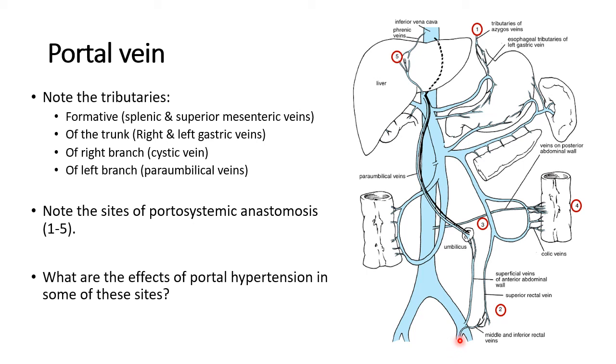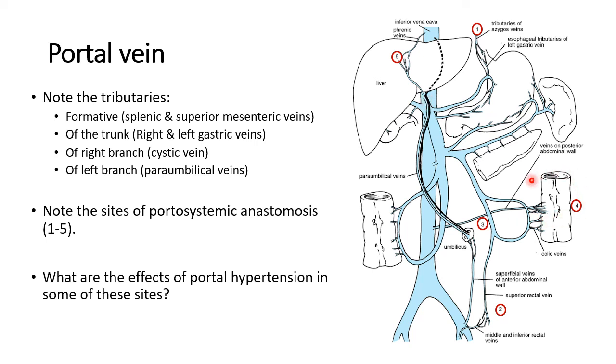So that's a systemic vein. The third location is around the umbilicus. Some of the veins drain into the systemic veins, and the para-umbilical veins will drain into the portal system, exactly in the left branch of the portal vein.